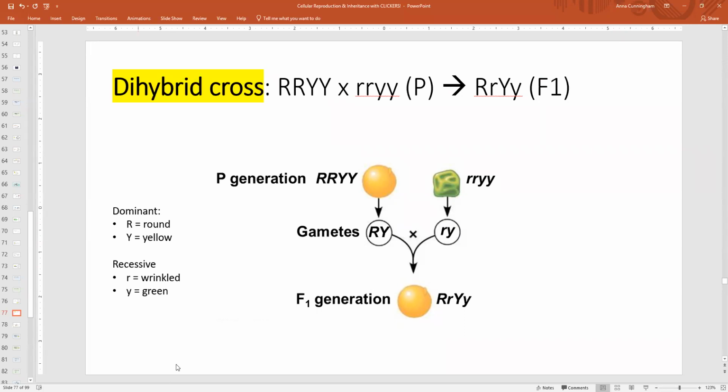All right. Okay, so we have our crossing. What we want to do on the next slide is look at a crossing between two individuals from the F1 generation. So what would happen if we crossed a het for wrinkled or smooth and a het for green and yellow, right?